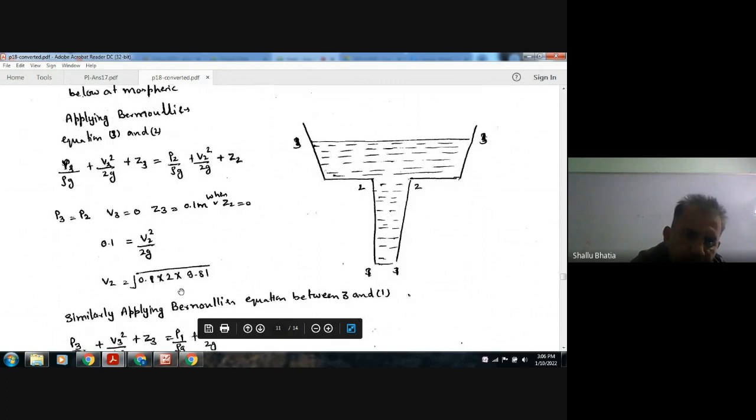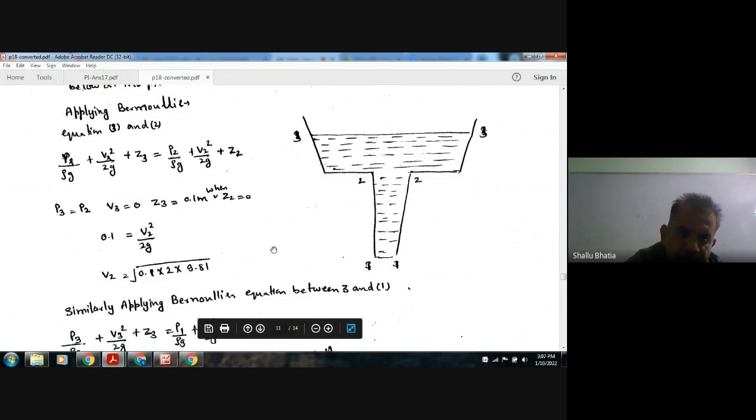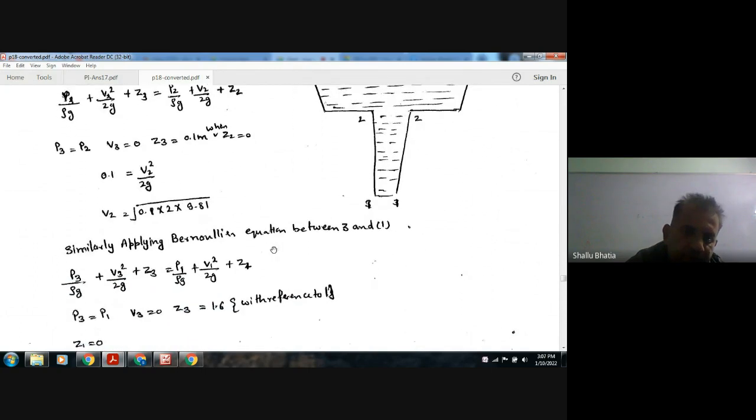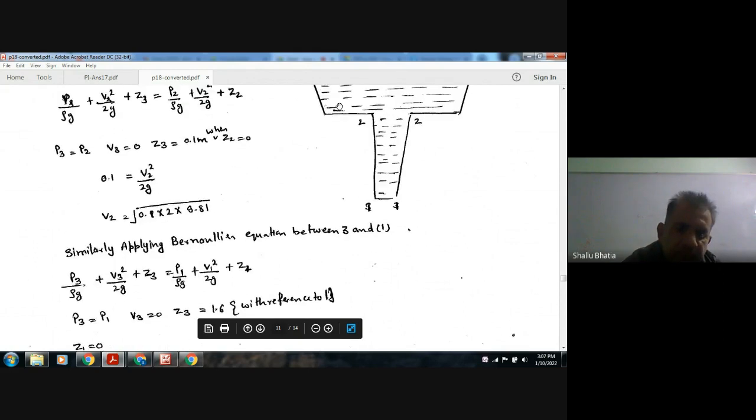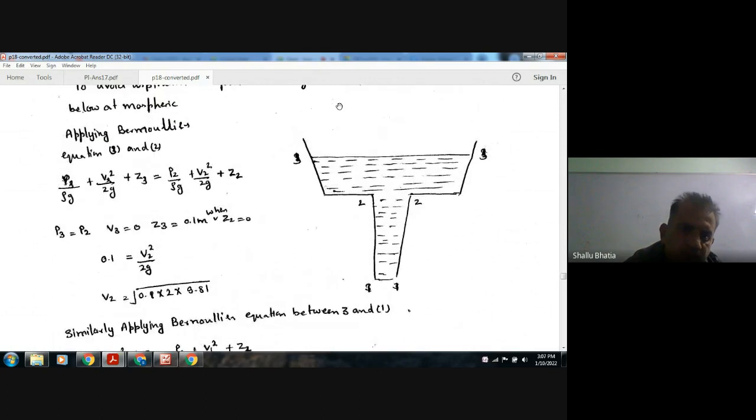So velocity at 2 is root of 2 into 9.81 into 0.1, 100 mm means 0.1. And the velocity at 1 is root of 2 into 9.81 into 1.6 because total height is 1600 mm or 1.6 m. Okay, now we have velocity at 2.